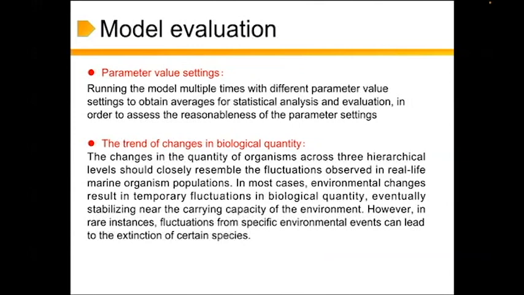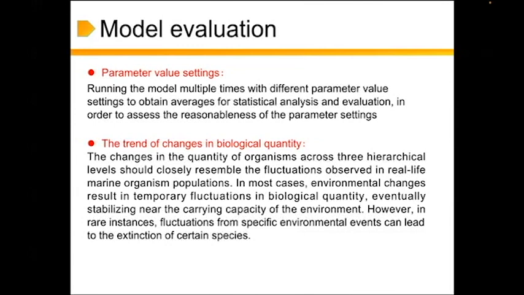And then is the trend of changes in biological quantity. The changes in the quantity of organisms across three hierarchical levels should closely resemble the fluctuations observed in real-life population dynamics.